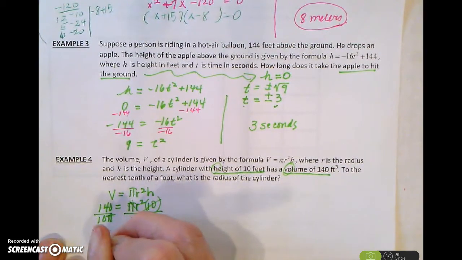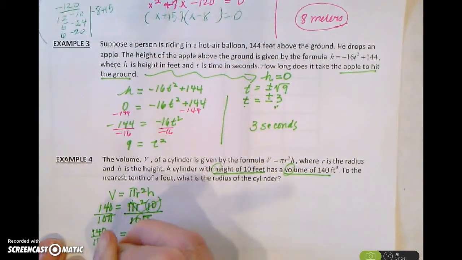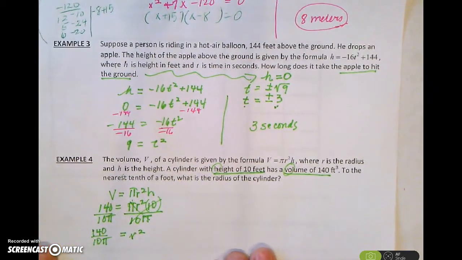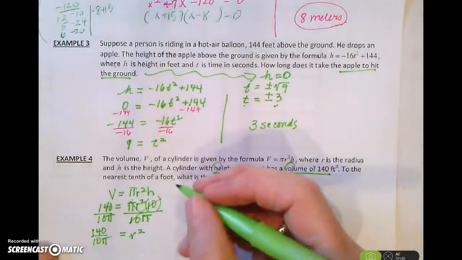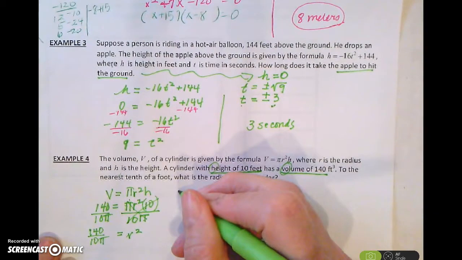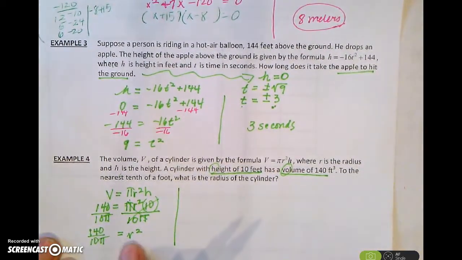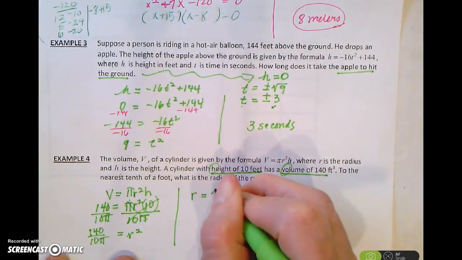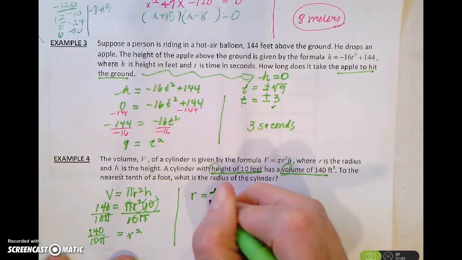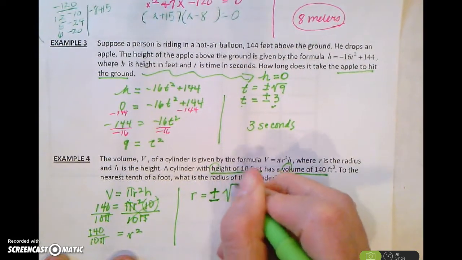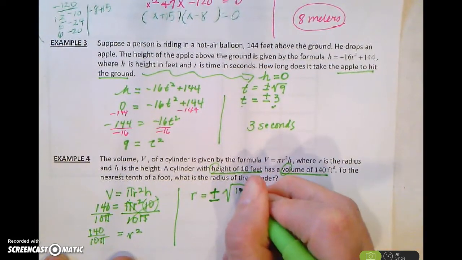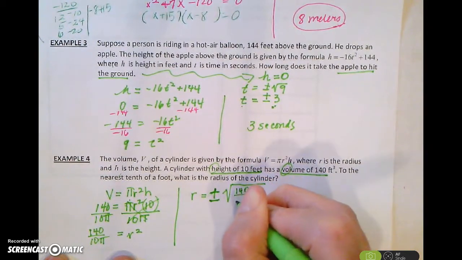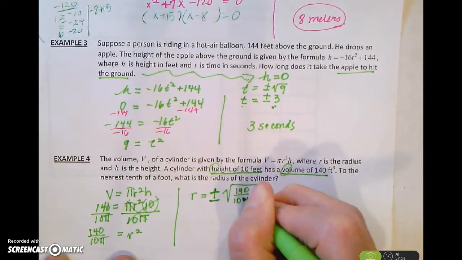So I'm going to have 140 over 10 pi is equal to r squared. To solve for r, I need to take the square root of both sides. So that's going to give me r is equal to, and I'm going to put the plus or minus because I get two answers, the square root of 140 over 10 pi.